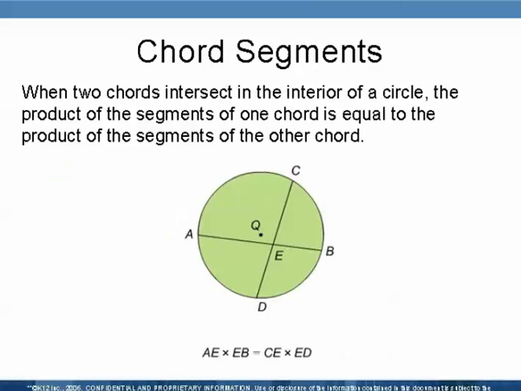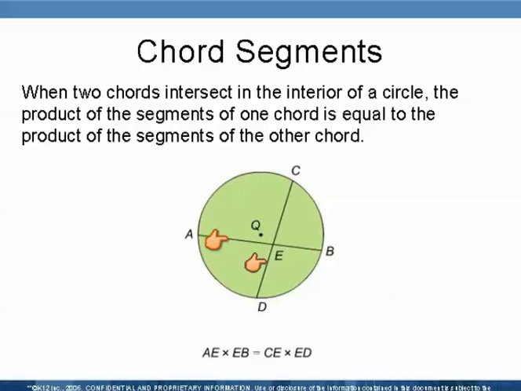Okay? So let's look at what if they're chords that intersect. Can we find the lengths of these chords in here? Well, yes. The chord segments are the segments from the side of the circle to where the two chords intersect, and then from that intersection back to the side.